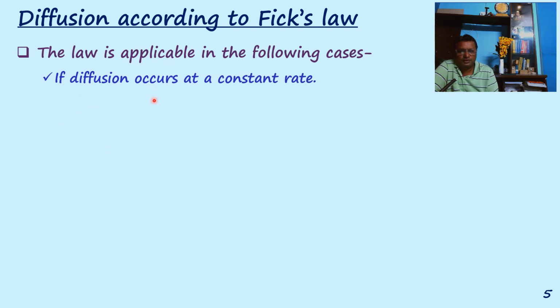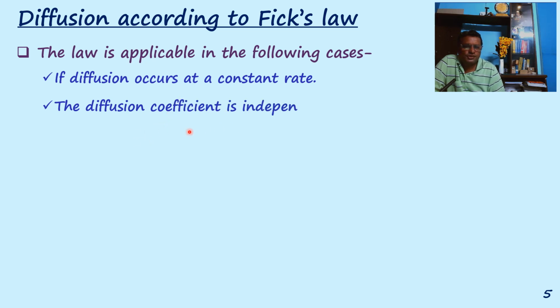First, if the diffusion is taking place at constant rate, that means rate of diffusion is constant, that is diffusion is taking place under steady state conditions, there you can apply Fick's law. Then the diffusion coefficient is independent of the concentration. So in those cases where the diffusion coefficient is not dependent on concentration, you can apply Fick's law.